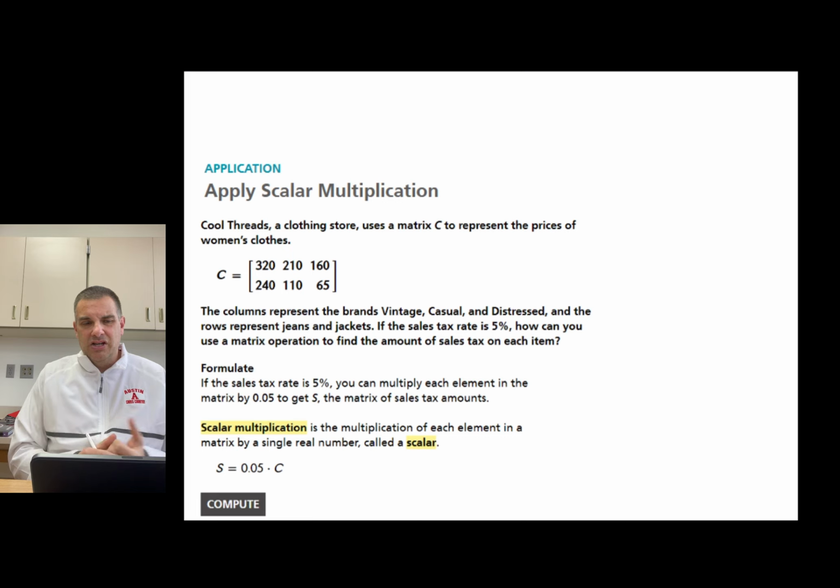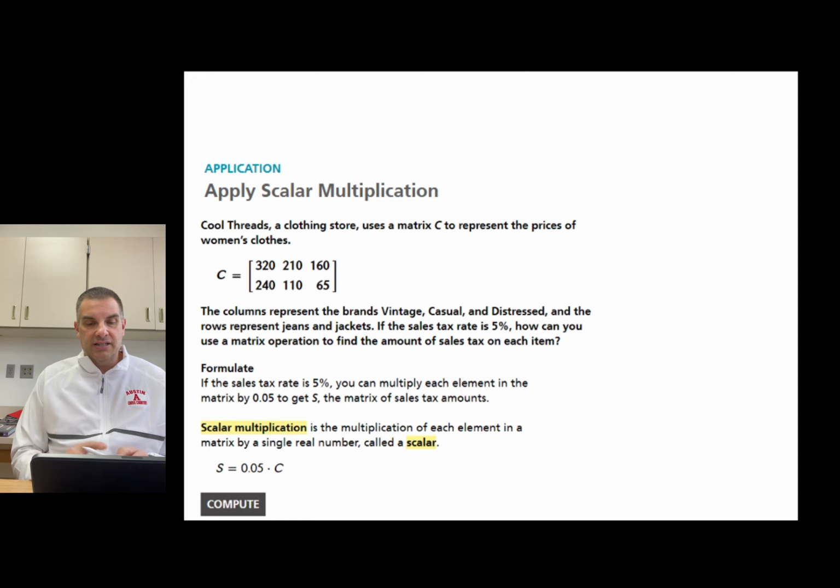So in the representation that we have right here, it says Cool Threads, a clothing store, uses a matrix C to represent the prices of women's clothes. So there are all their prices for their women's clothes. The columns represent the brand, vintage, casual, dressed, and the rows represent jeans and jackets.